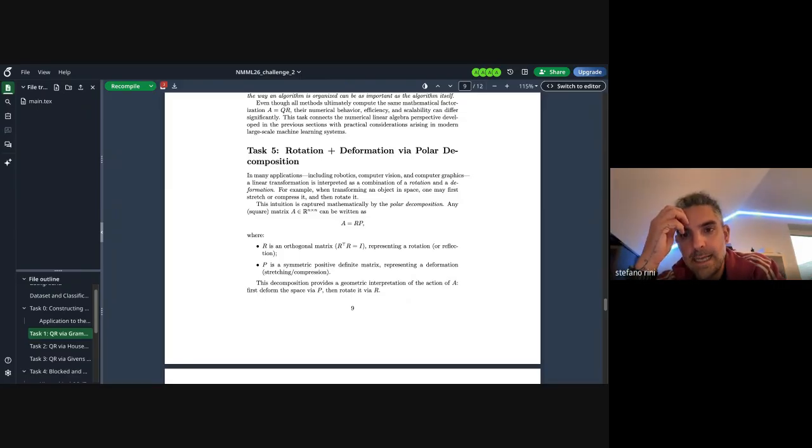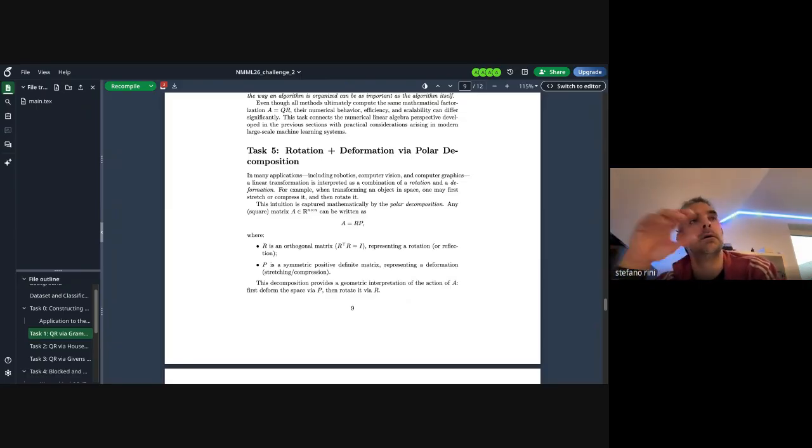But depending on the application, it's sometimes more meaningful to have the matrix A decomposed as a rotation plus a deformation. This is very important, for example, in computer graphics.